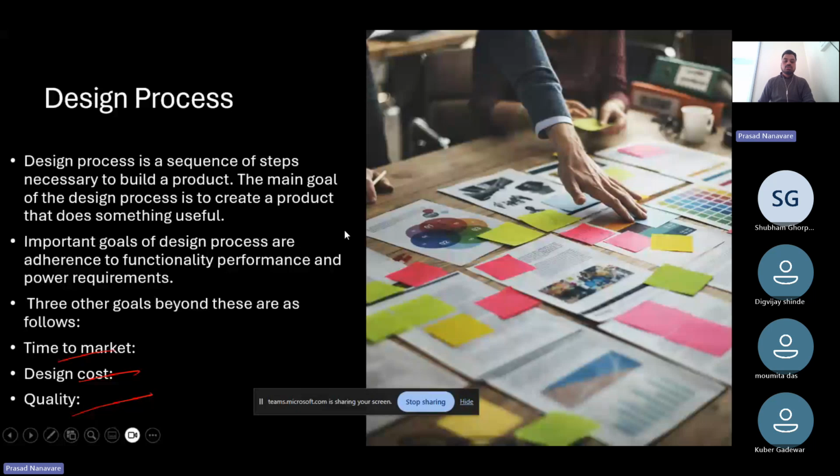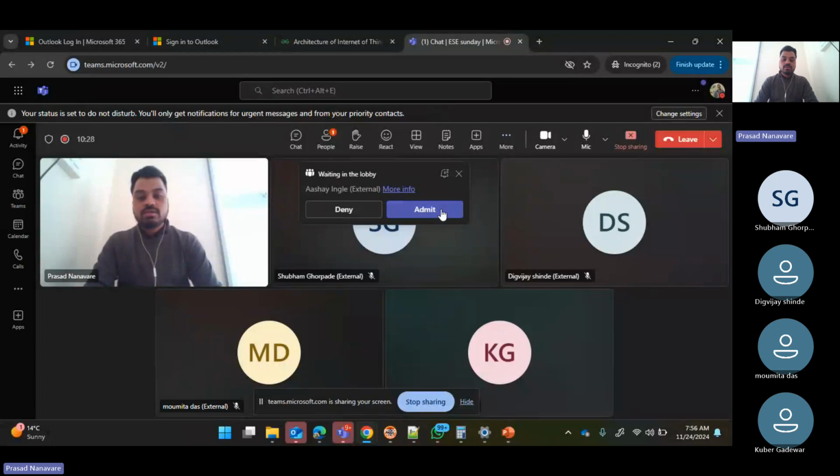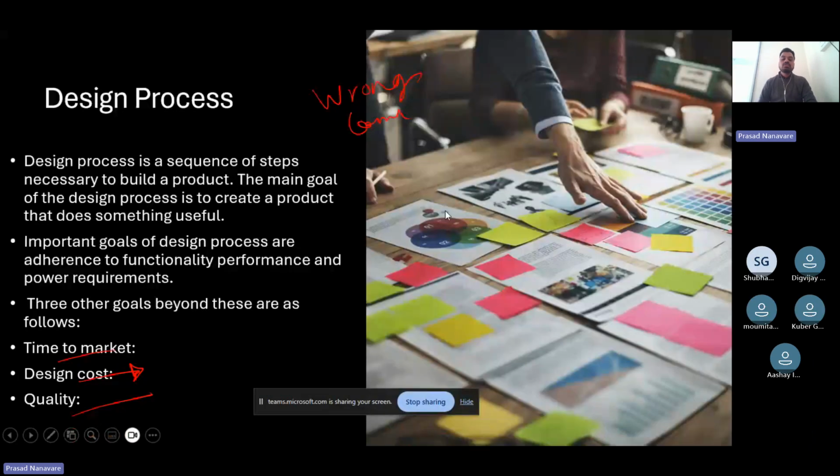So all these 3 points. One is design cost, which we just talked about. Design cost goes up if you select the wrong components, at a price that cannot be defended. Your price point should be defendable. Your product should not cost way too much.